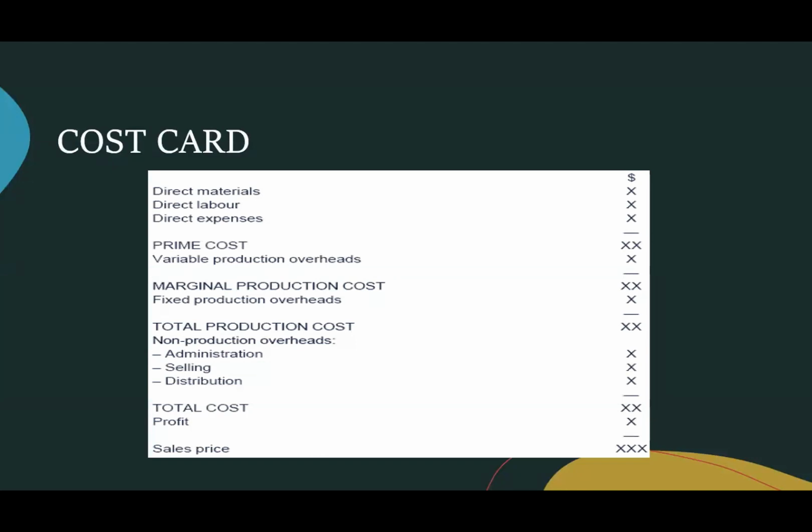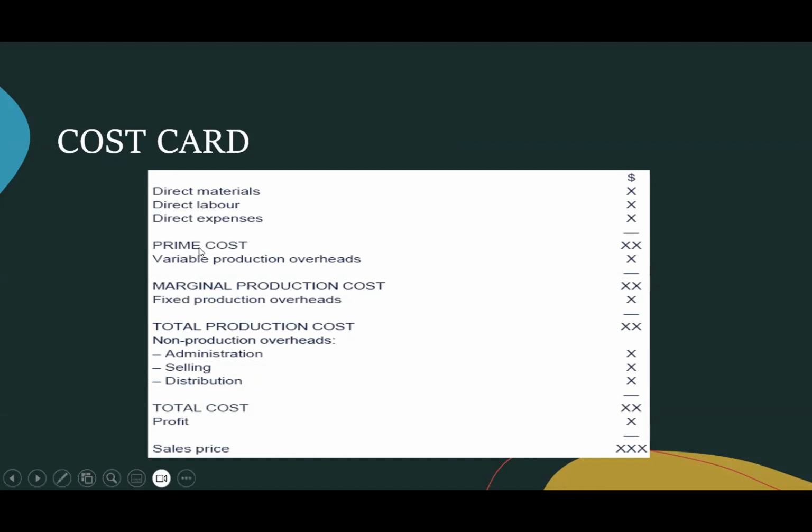Now, a cost card basically details all the costs which you have incurred to make the product. Okay, so for the cake we were talking about, we might have used direct material, direct labor, direct expenses. So you get the prime cost. Then the overheads, the indirect costs, you classify between production and non-production. In production, you might have some of them as variable, which change with respect to the level of activity.